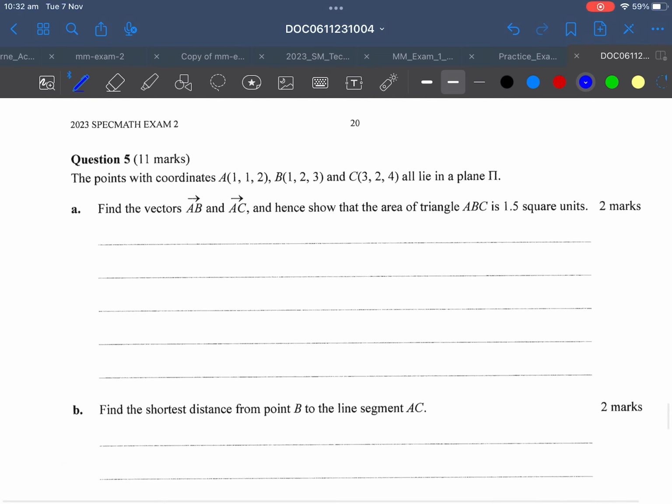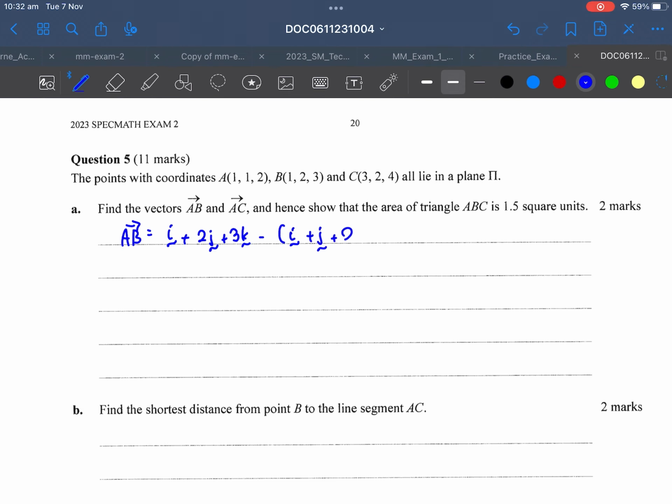Okay, so vectors now. The points with coordinates this, and that lie all in a plane. Find the vectors AB and AC, and hence show that the area of the triangle ABC is 1.5 square units. So AB is going to be B minus A, final minus initial, so i plus 2j plus 3k minus (i plus j plus 2k).